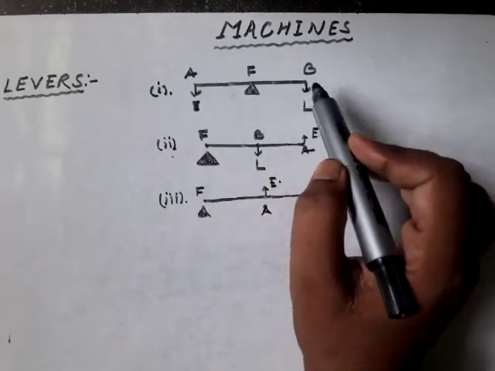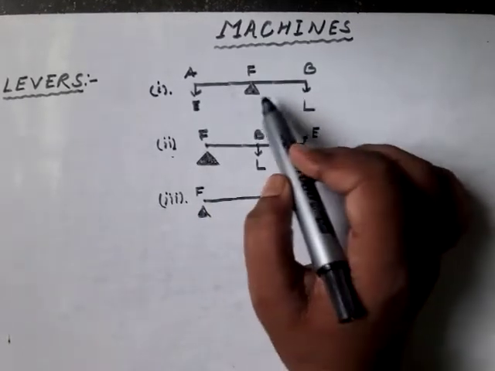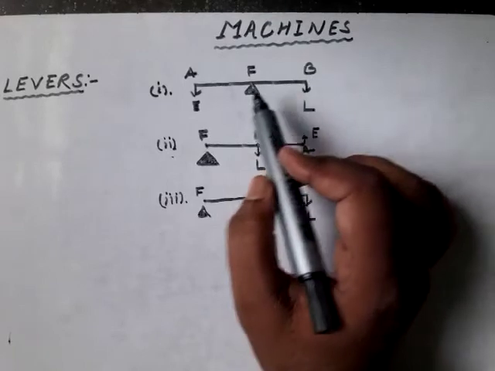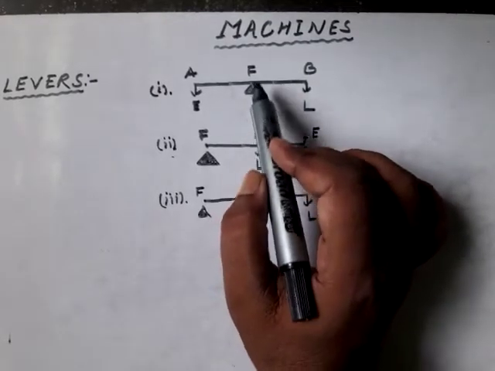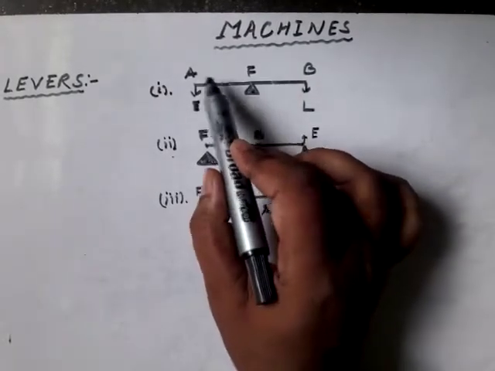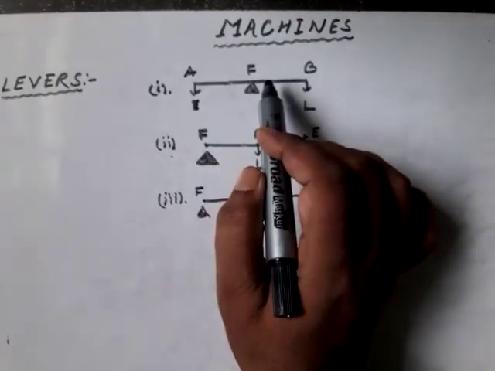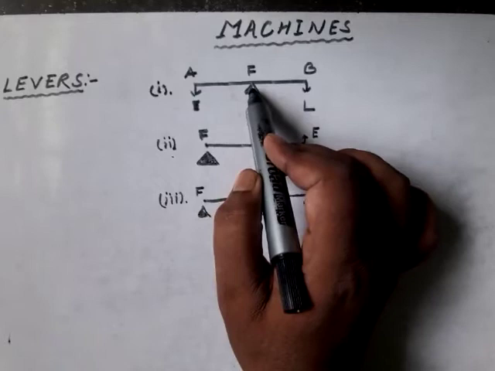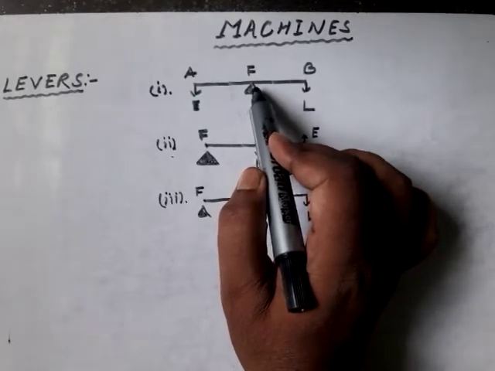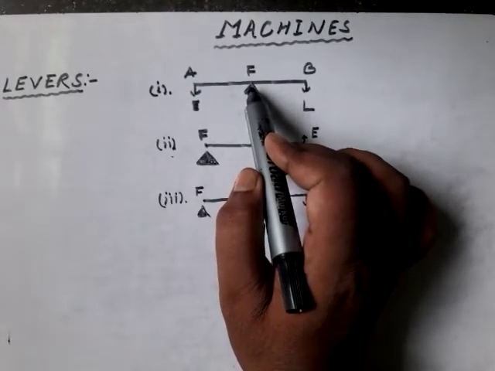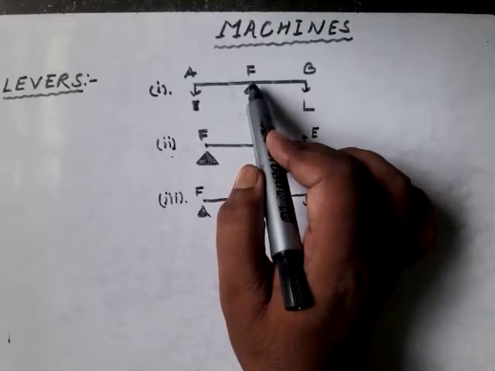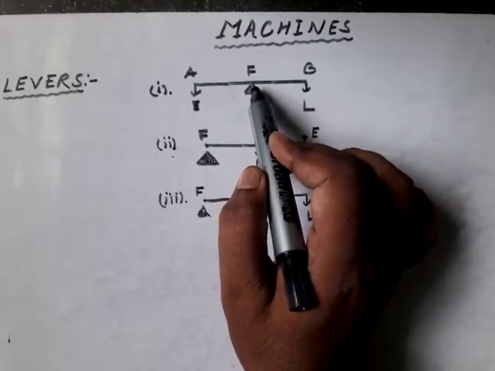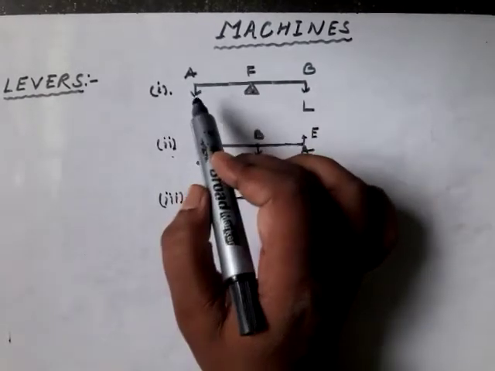The straight line AB is a lever in which the fulcrum is placed in the middle. It is not necessary that it be exactly at the midpoint.